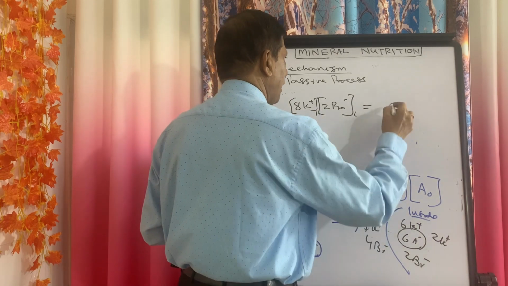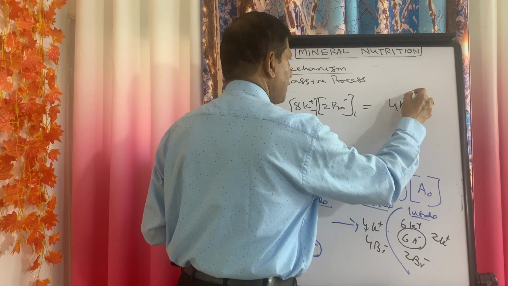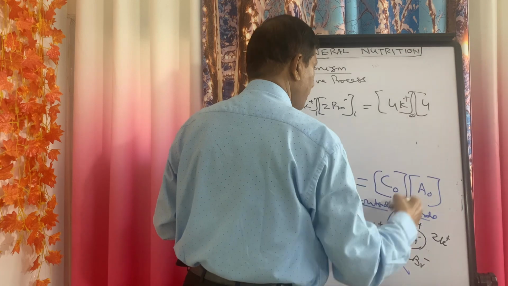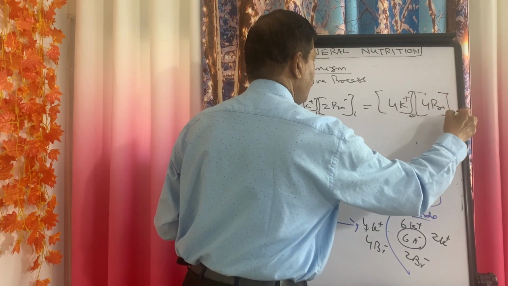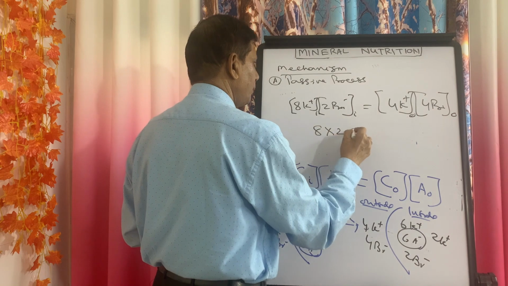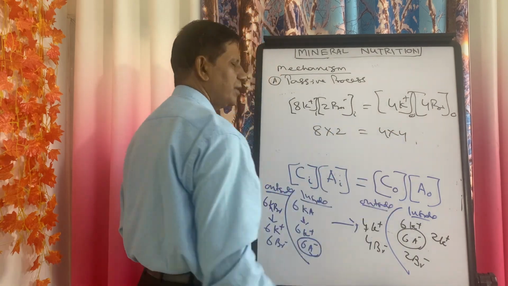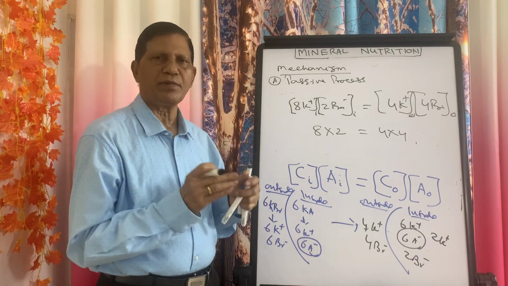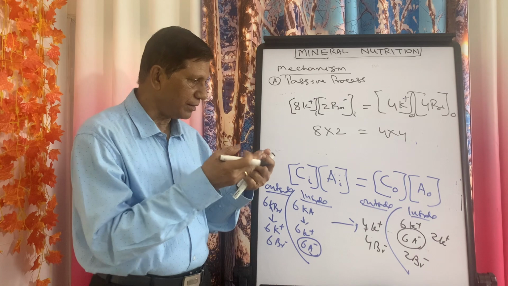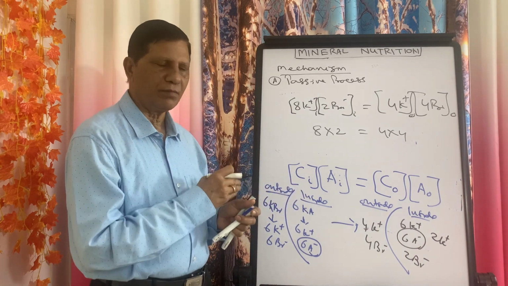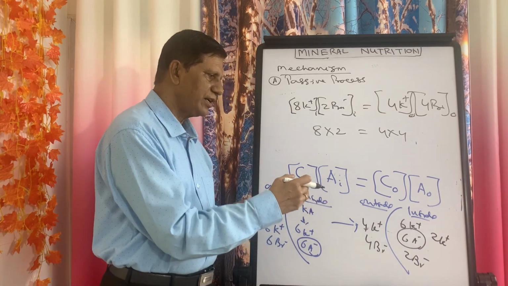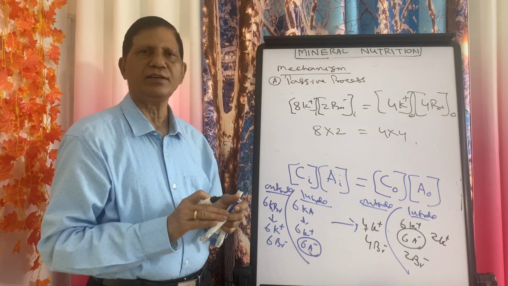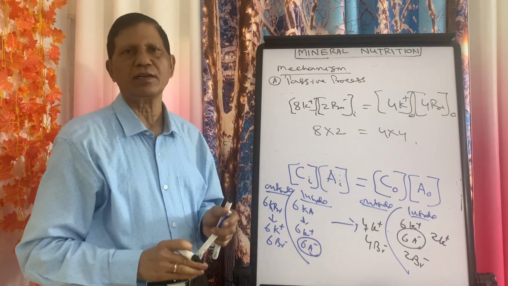And now there will be 4 potassium outside and also 4 bromine ions outside. That means this is 8 into 2, this is 4 into 4, equal. So this is known as a Donnan equilibrium when some indiffusible ions are present inside which cannot come outside. So to maintain the balance, here excess amount of the cations have to enter inside. This is known as the Donnan equilibrium.